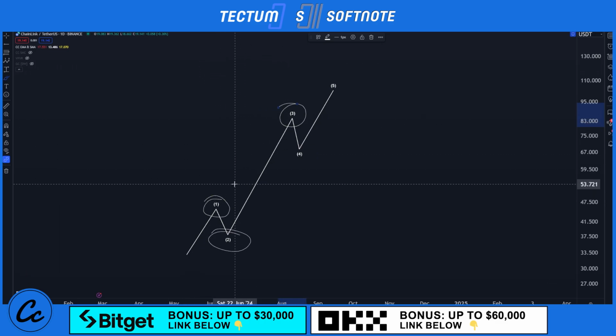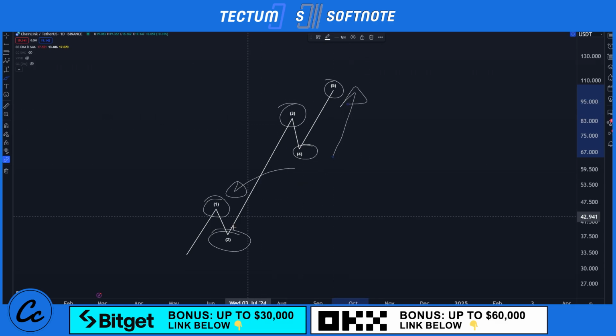Basically it has to be the 1.618 on the Fibonacci sequencing level. So it has to be 161.8 times the size of wave 1 to be recognized as a wave 3. Then a wave 4 will not overlap the wave 1, okay? And then wave 5 will basically be your blast off top. This is a trend-based pattern, okay? This basically tells us that we're in a bullish trend to the upside.